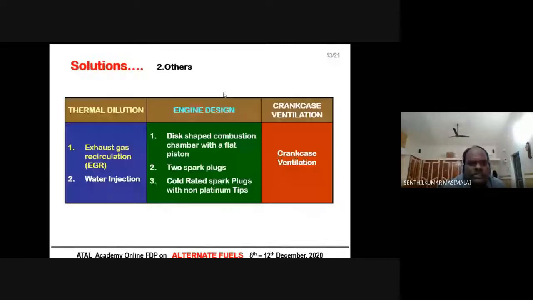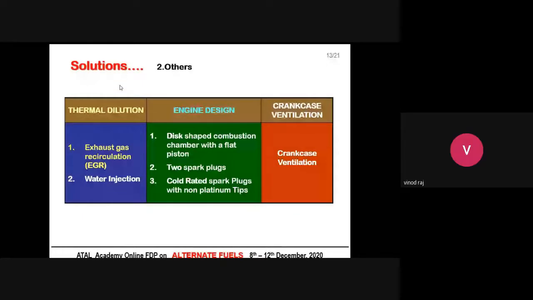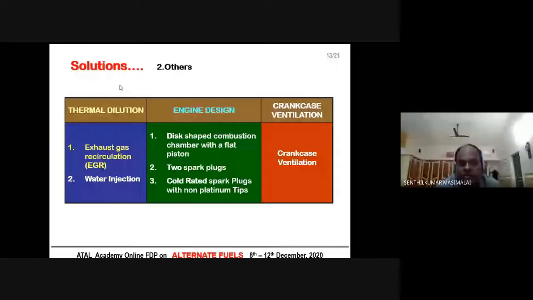The next method is we can adopt thermal dilution. You are aware of what thermal dilution is, because the combustion of hydrogen is very rapid and erratic. Because of erratic combustion, you will have flashback, backfire, and also your combustion chamber parts will be unnecessarily heated up.